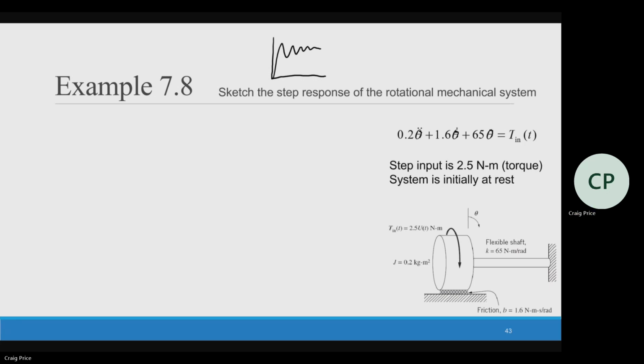First step, standard form. So what should we divide both sides by? 0.2, or multiply both sides by 5. So in standard form, we're going to have theta double dot plus 8 theta dot plus 325 theta equals Tn.